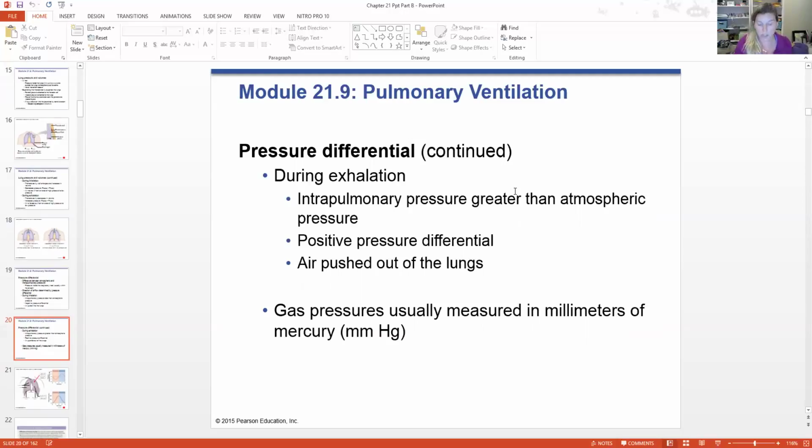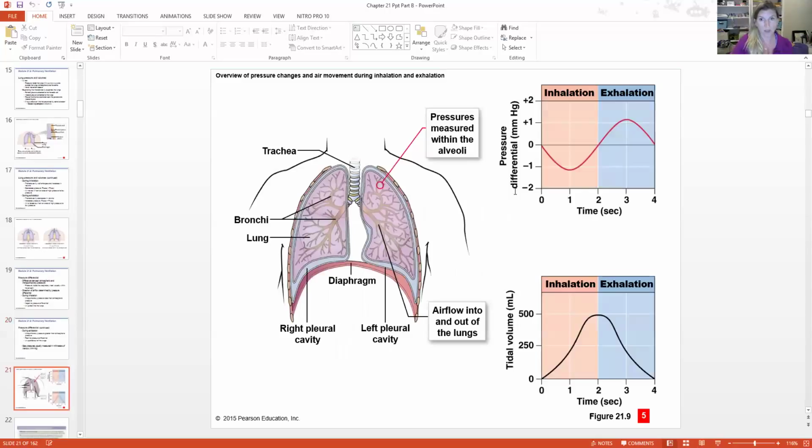This gas pressure is measured in a unit called millimeters of mercury, or mmHg. And here you see this whole cycle. A lot of what you're going to see here in respiratory physiology mimics what we saw in cardiovascular physiology. We saw these cycles, these rhythms.